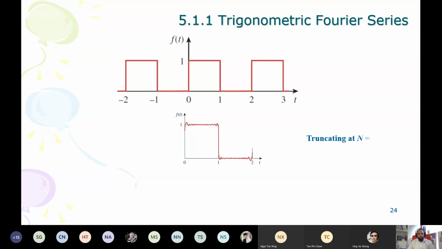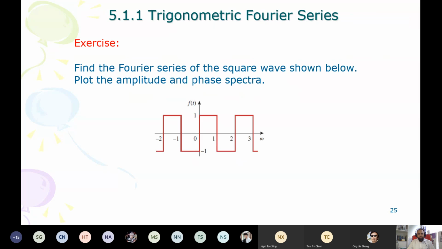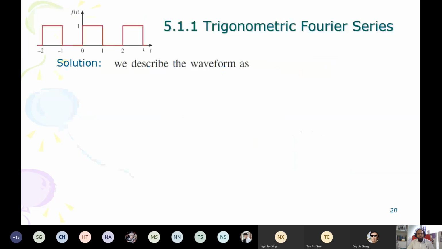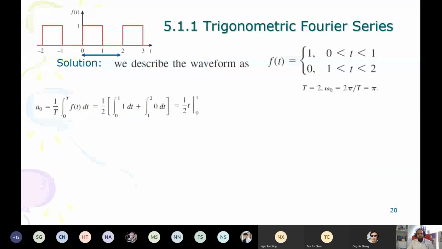Right. So let's move to an example that we can do. Instead of 1 and 0, we have 1 and -1. So it's a very similar one, and I expect that you guys can do it by just placing, instead of a 0 here, a -1.